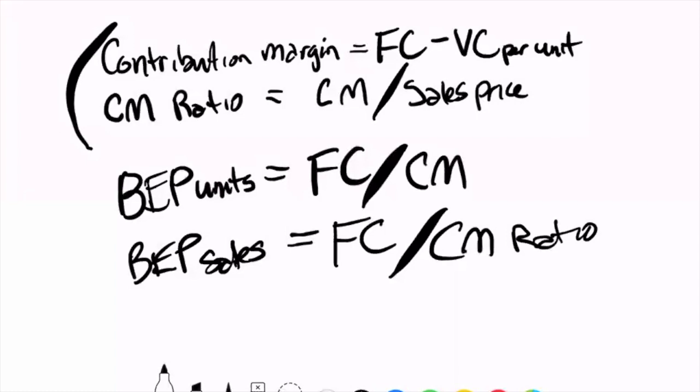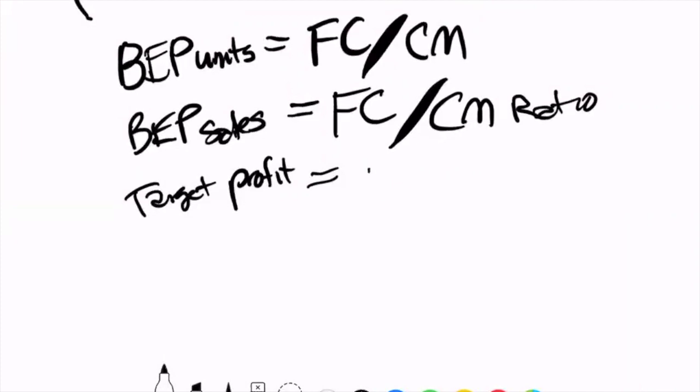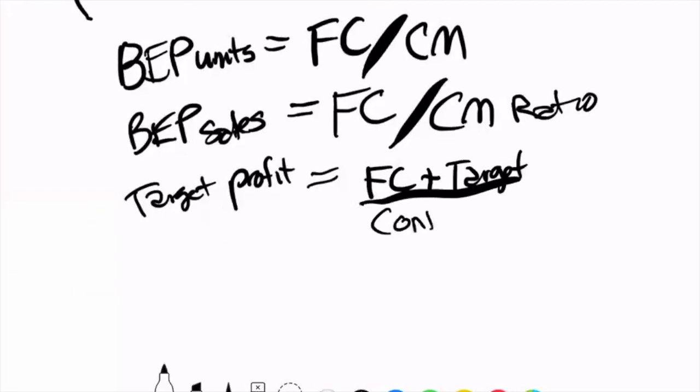And then if we want to know the required number of units we need to sell to hit a target level of profit, then we understand this as our fixed costs plus the target divided by our contribution margin.